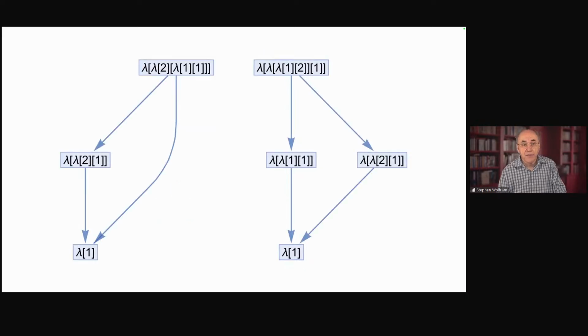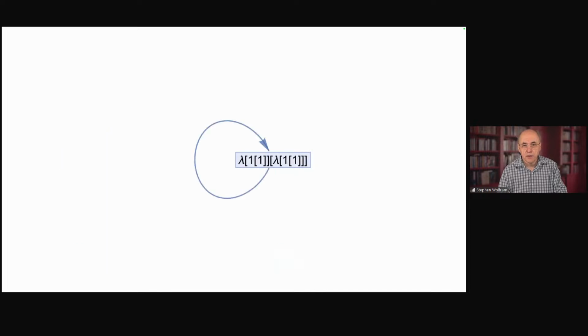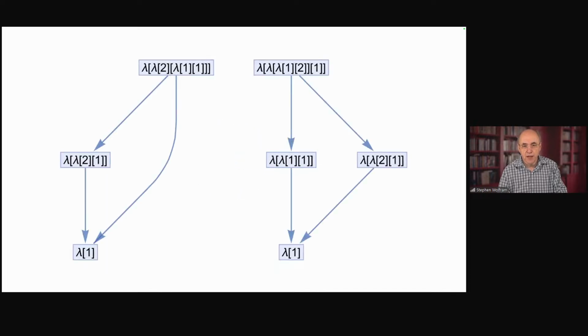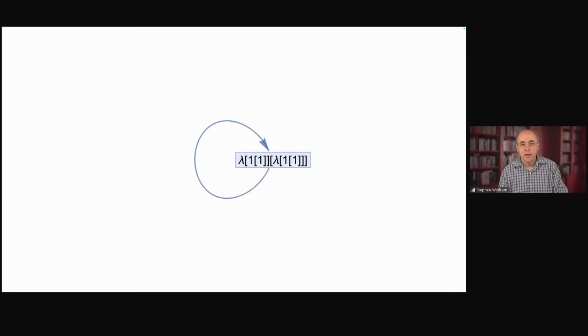Okay, at size 7, many distinct topologies of multi-way graphs start to appear. Let's just see. Oh, there's the looping lambda. These are size 6 lambdas where there is some branching and some merging, and then there's also the looping lambda.